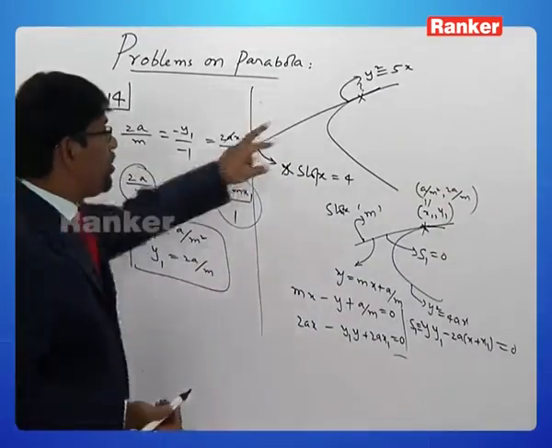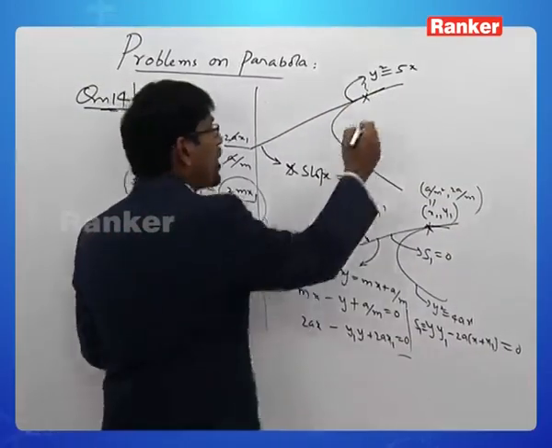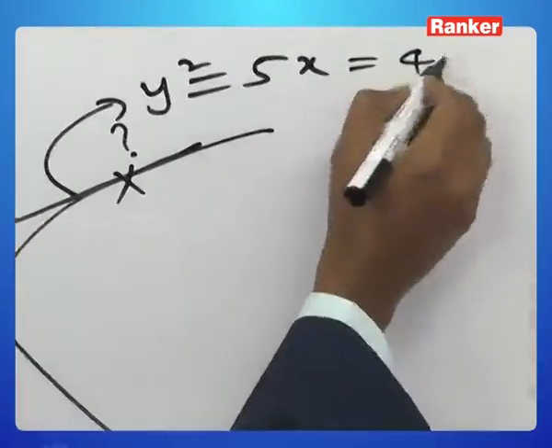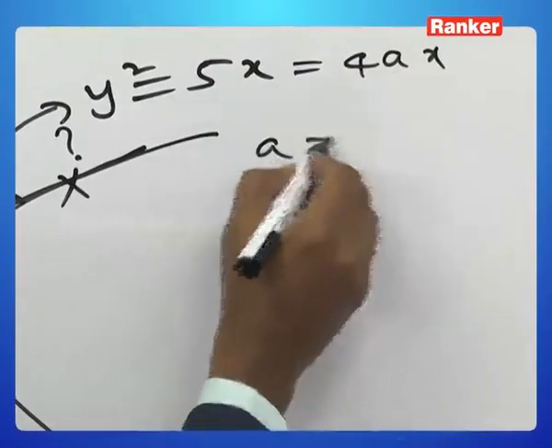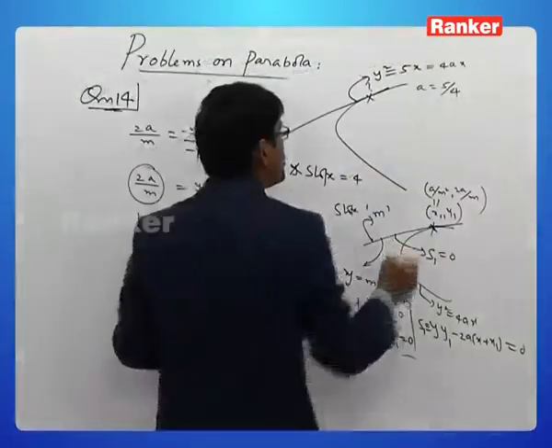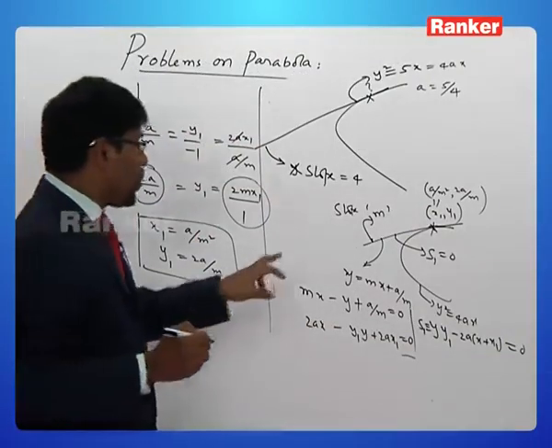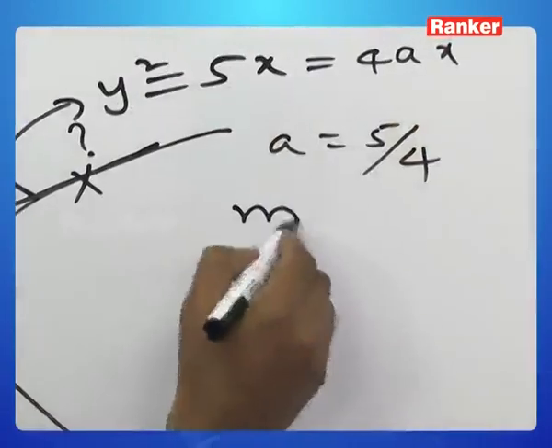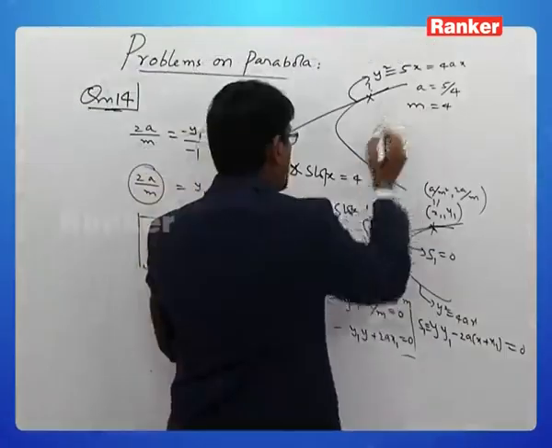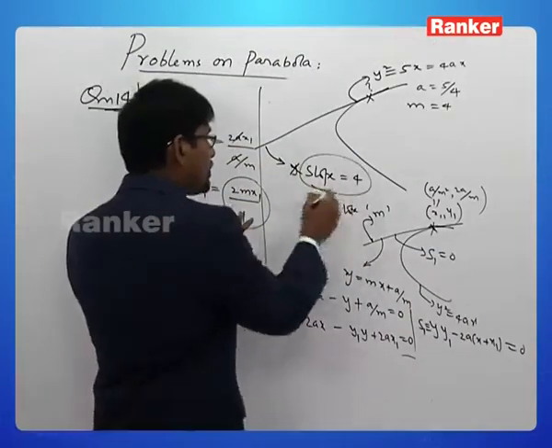So in our problem, y square is equal to 5x. So this is your 4ax. So 4a is equal to 5, a is equal to 5 by 4. And m is 4, given. The slope is 4.